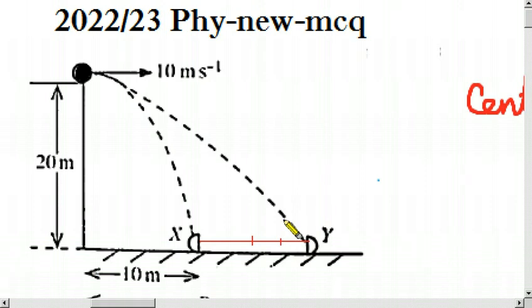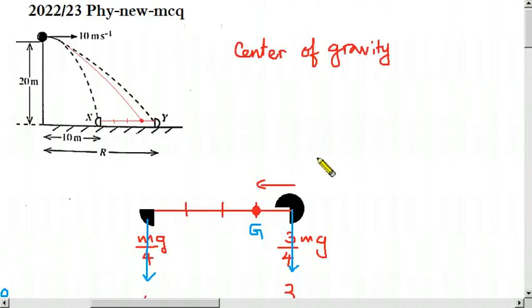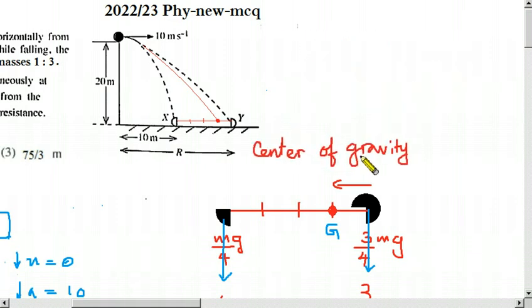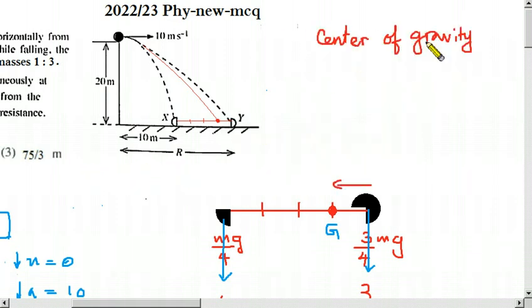Again like this. So center of gravity is here now. So the path of this center of gravity is now like this. The motion is like this. So now we calculate the motion of the center of gravity.